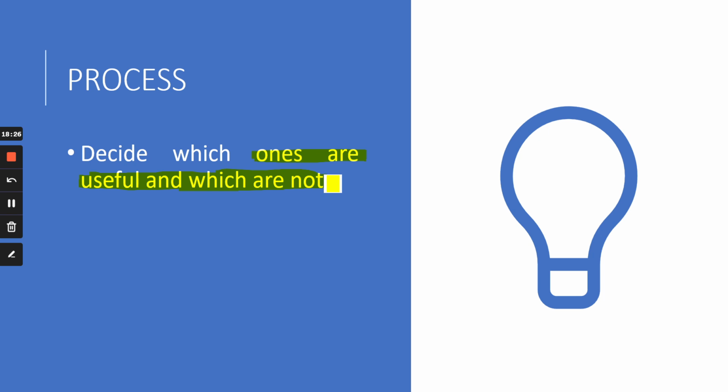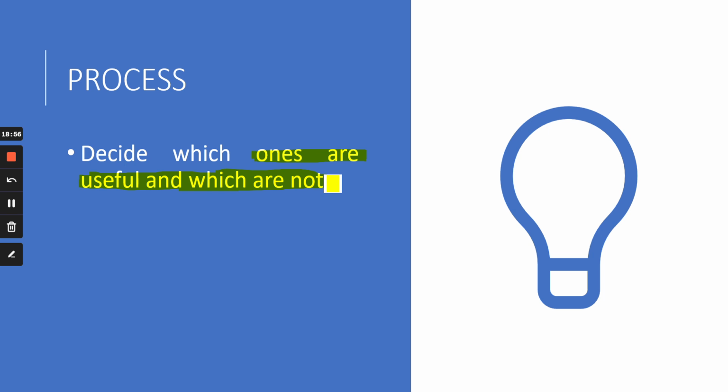So whether or not any particular idea is useful for you depends upon where you can write more and where you can write clearly. If you can write more, it means you can write three sentences about that idea, or four sentences about that idea. But if there is one idea about which you can write only one or two sentences, and a second idea about which you can write five sentences, then of course the second idea is suitable for you.